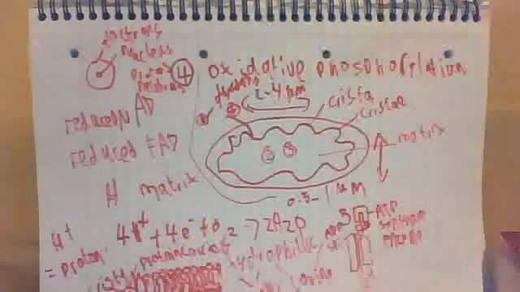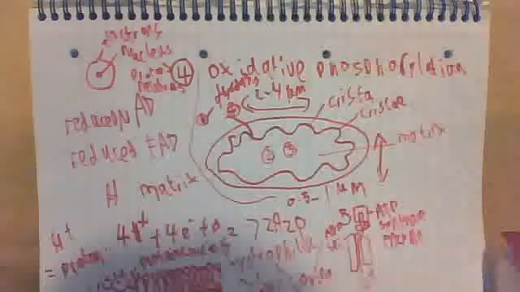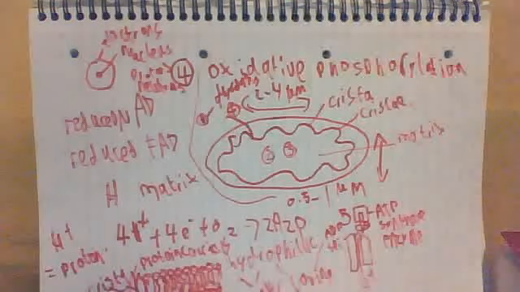As the potential builds up here, the H+ ions flow through these protein carrier channels, and the energy provided from this is used to transport electrons, and the electrons bind to molecular oxygen in order to create your water molecule.